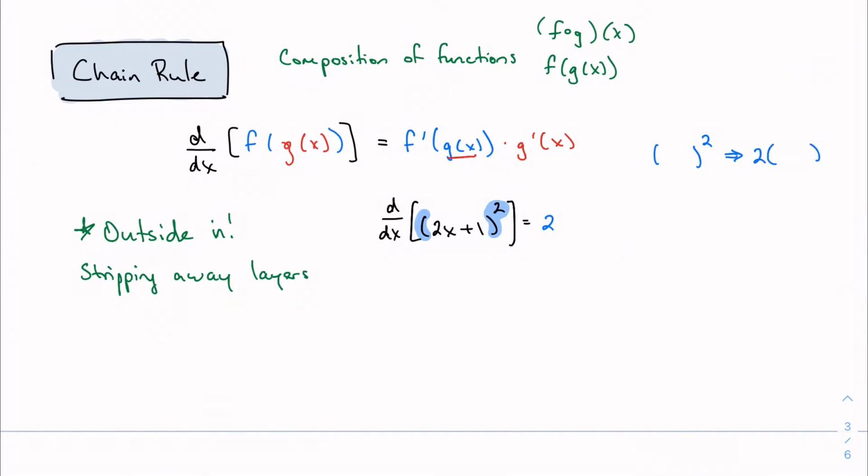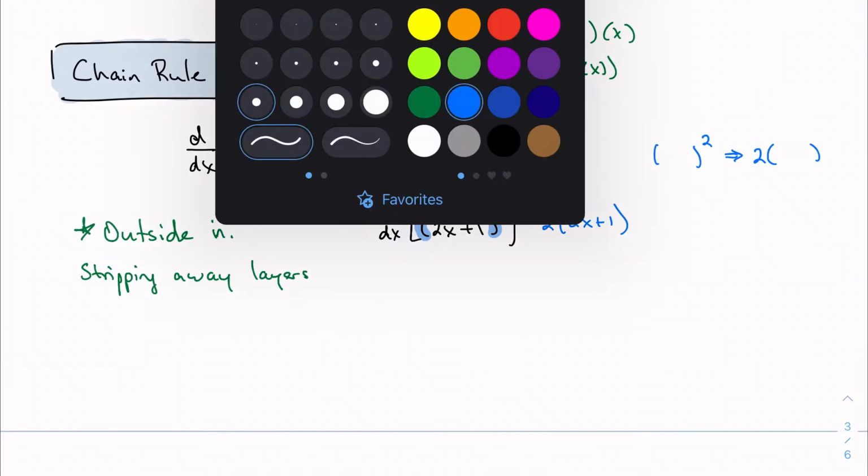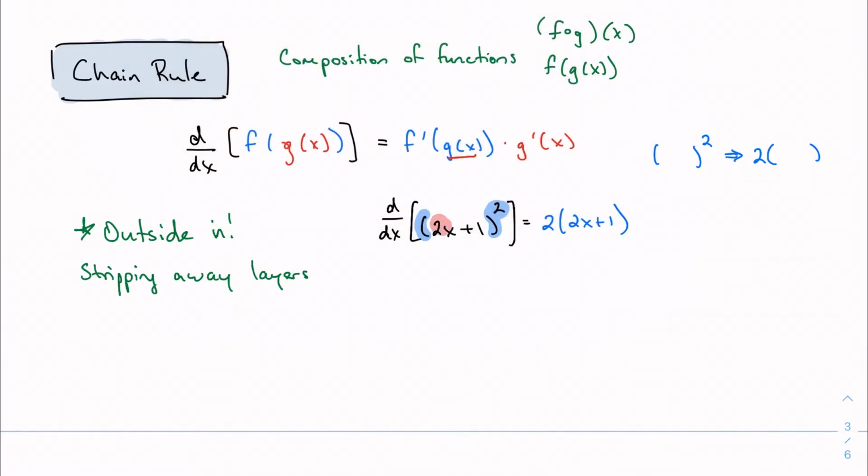So this is 2 times 2x plus 1. And then I take the derivative of whatever this inside piece is. The inside piece is 2x plus 1, and the derivative of 2x plus 1 is just 2. And then I can combine this, and I get 4 times 2x plus 1. And you can leave it that way. You don't have to distribute. Factored is fine.